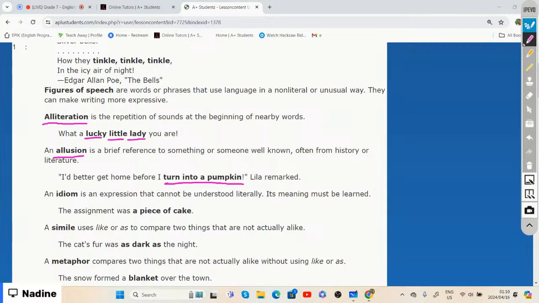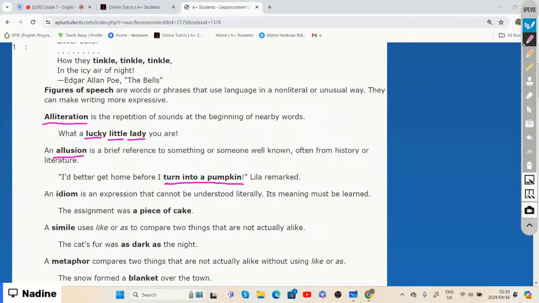I think it's the Cinderella story, where if she doesn't get home before a certain time, basically everything around her, the carriage, turns back into a pumpkin and the mice.